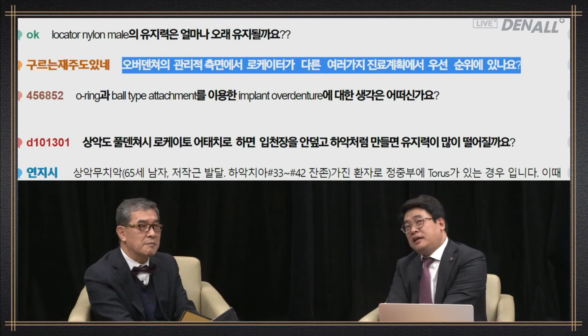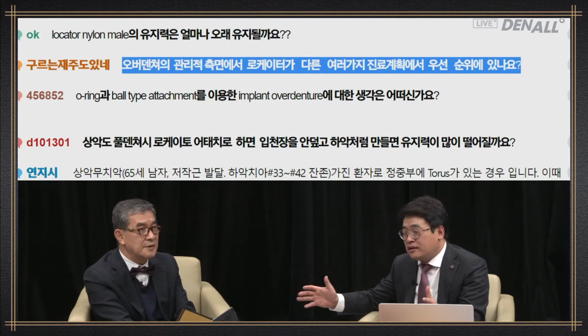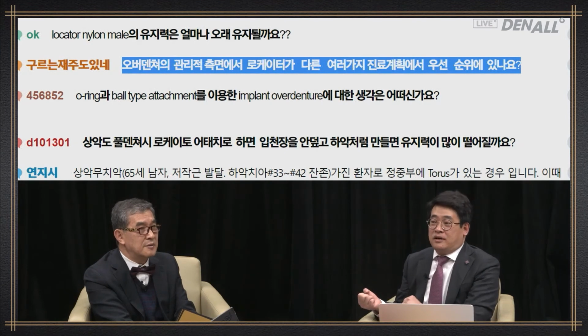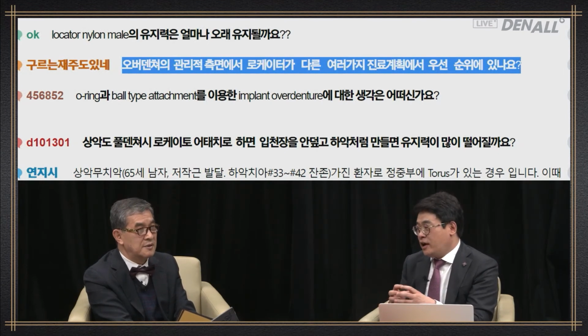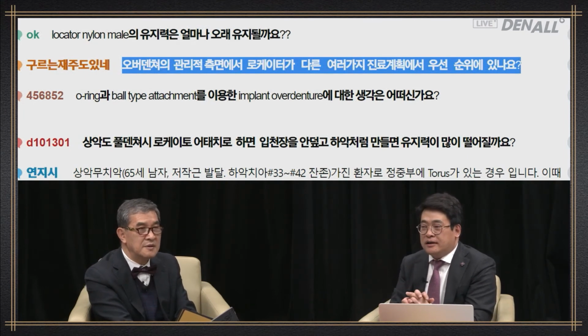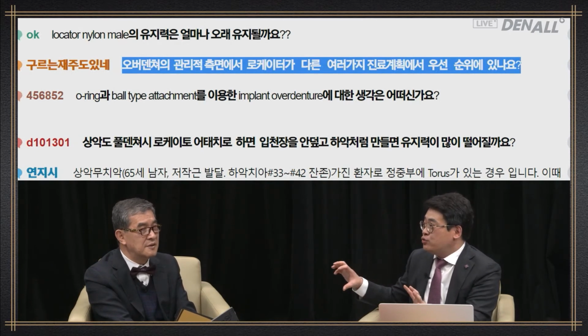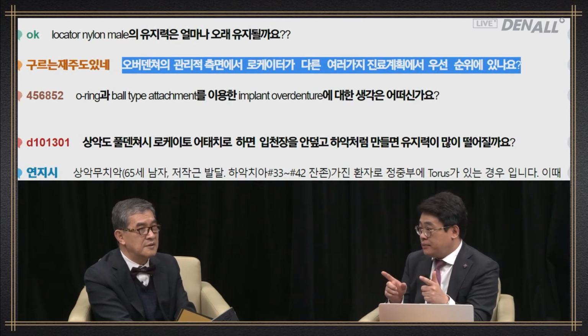When we choose attachment, one of the considerations is how long it can be maintained. And another factor is whether it is easy to replace. In the case of Locator, the processing cap is attached to the denture and the nylon insert, which is in charge of retentive force, is inside that.